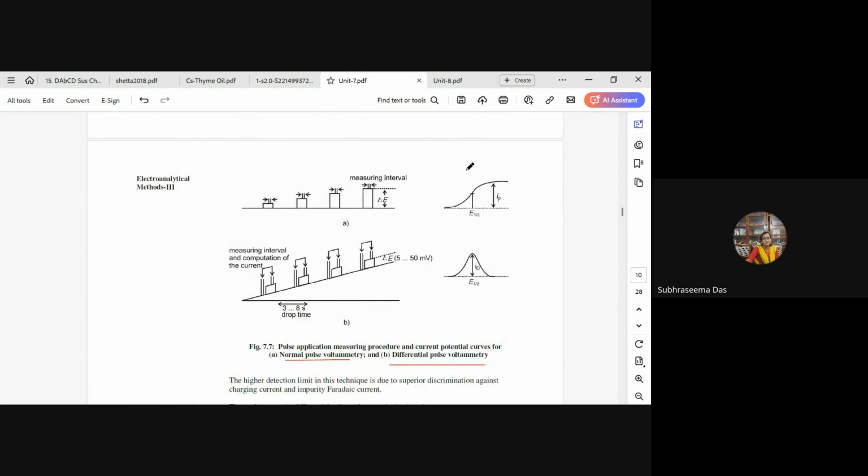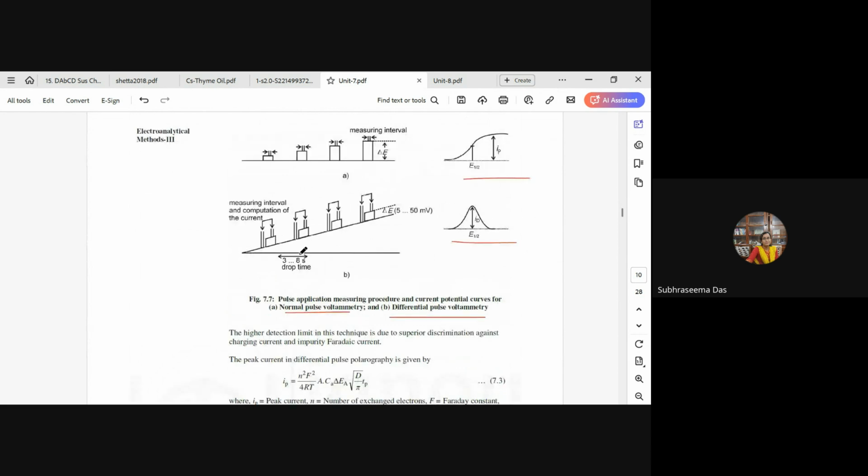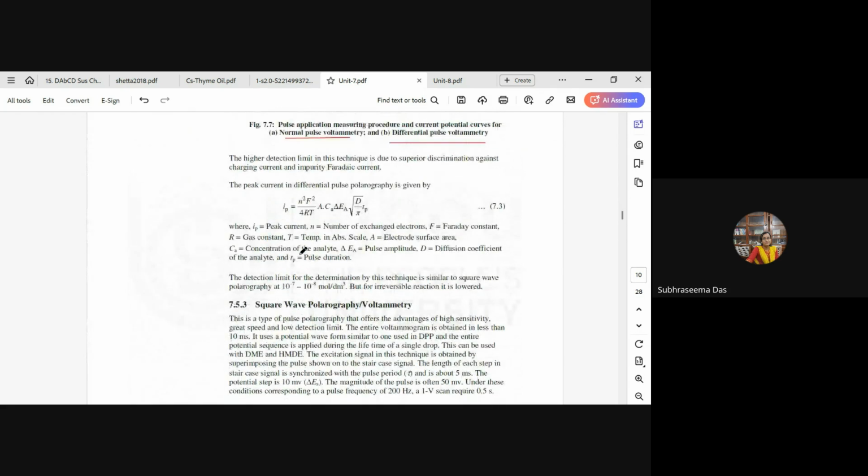These are the two different curves that can be obtained by pulsed applications of voltammetry. The lower detection limit in this process is due to superior discrimination against the charging current and impurity Faradaic current. The peak current in DPP is given by equation 7.3.